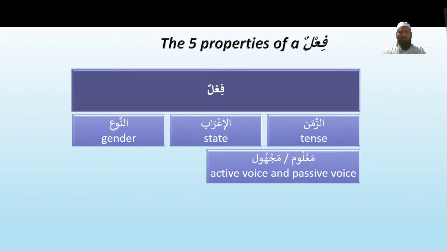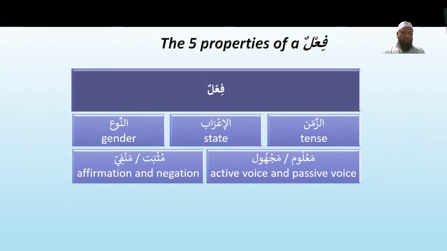Then معلوم ومجهول. At the moment we are learning the معلوم, the active voice. That means the doer is known or the doer is mentioned in the sentence. مجهول, the doer is unknown or the doer is not mentioned in the sentence.